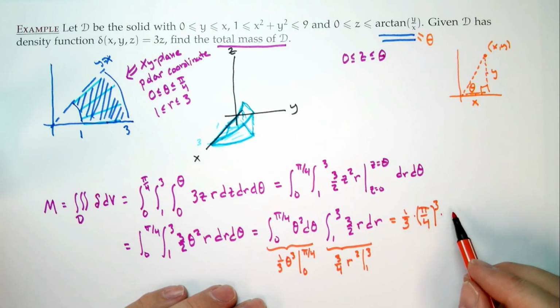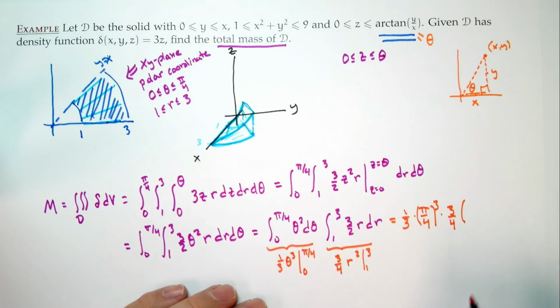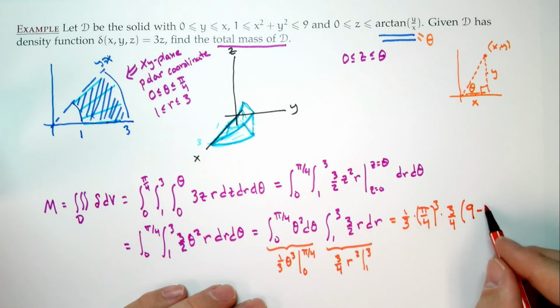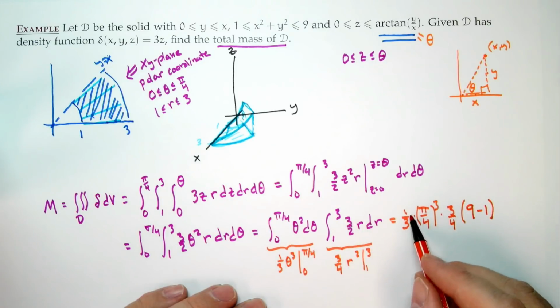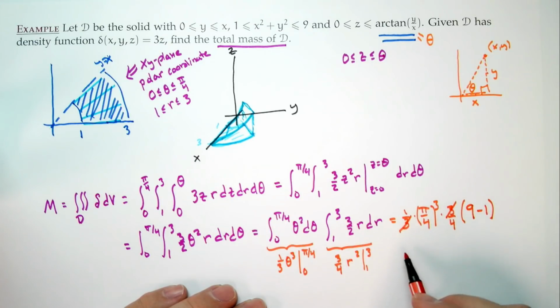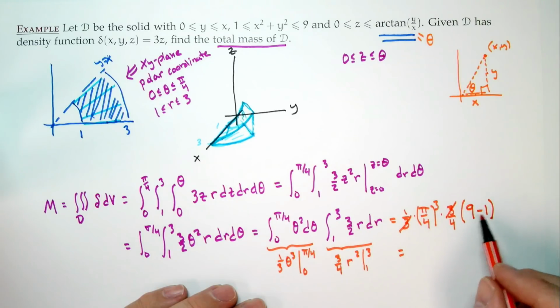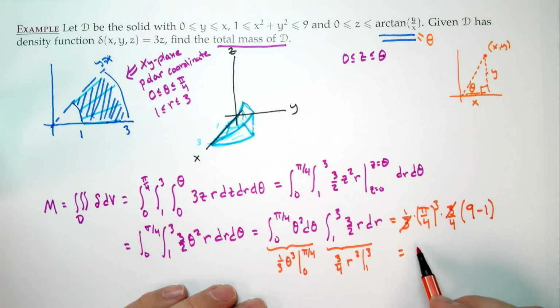And that's going to be multiplied by 3 over 4. And then r squared, when we plug in 3, is 9 minus 1 squared, that's minus 1. The 3's cancel. And then we have 9 minus 1, this is 8. What do we have? We have pi cubed over 4 times 4 times 4, because we have 4 cubed, times another 4.